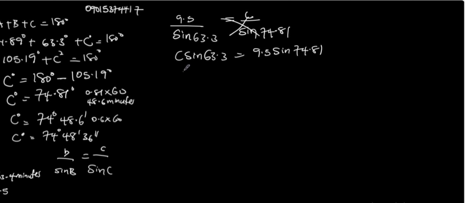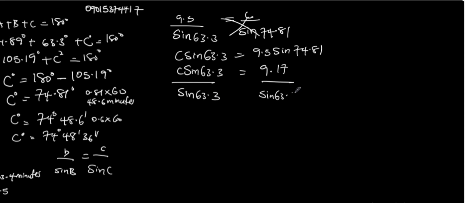Now, 9.5 sine 74.81 is 9.17. It means our C multiplying sine 63.3 is equal to 9.17. To get my C, I divide both sides by sine 63.3.